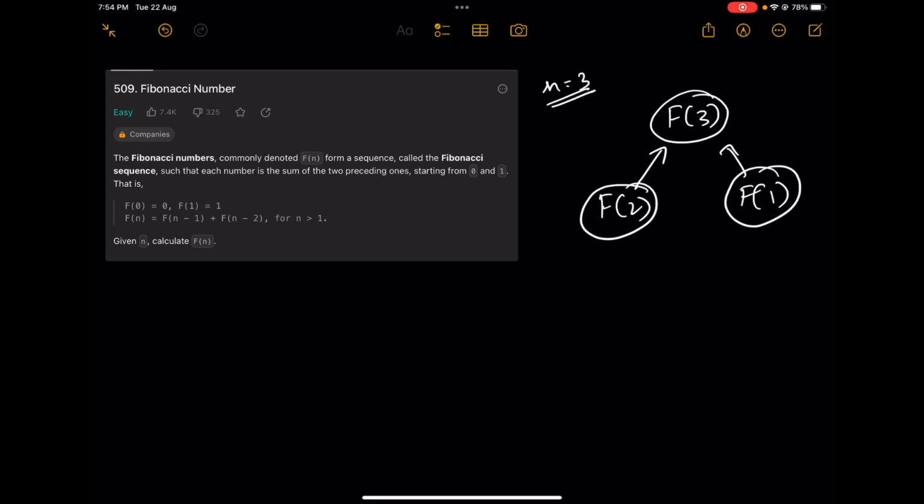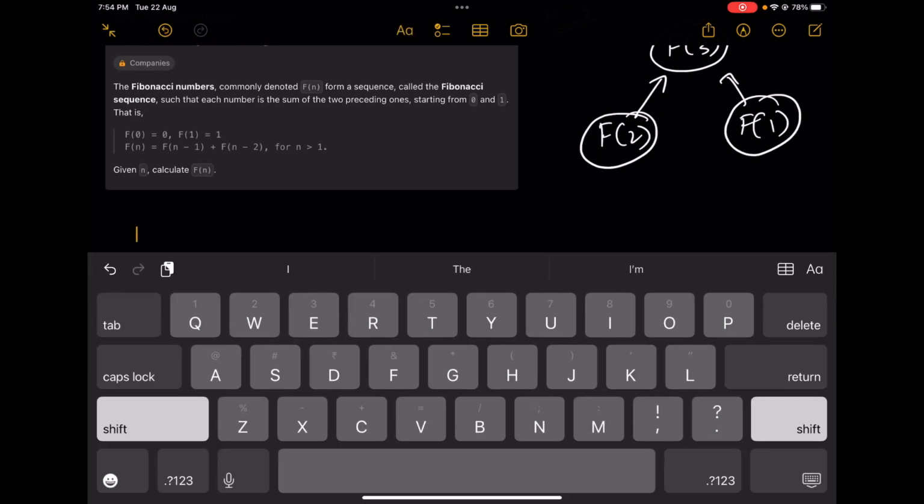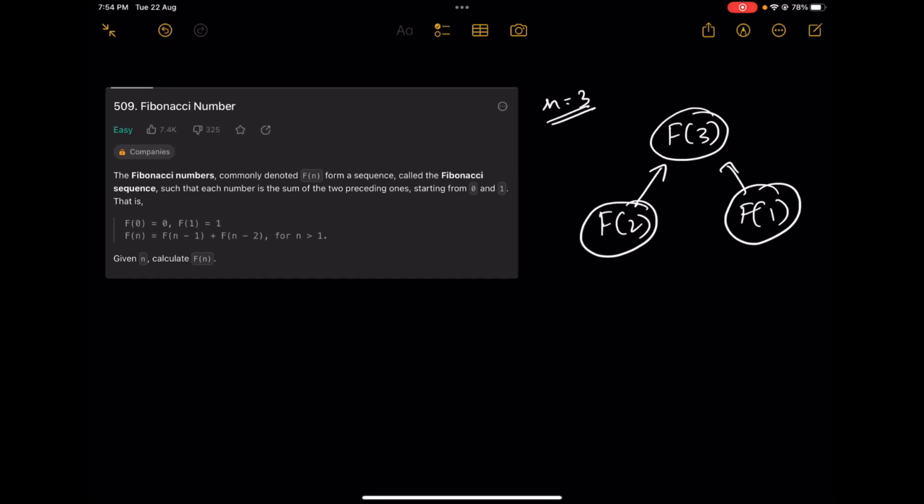Now f of 1, if you look at the definition of a Fibonacci number, is 1, right? So we already know what this value is, so that's like the base case for our recursion. But f of 2 is not a base case. What f of 2 is, according to the definition, is equal to f of 1 plus f of 0, right?